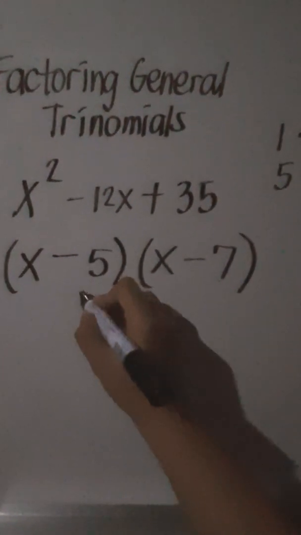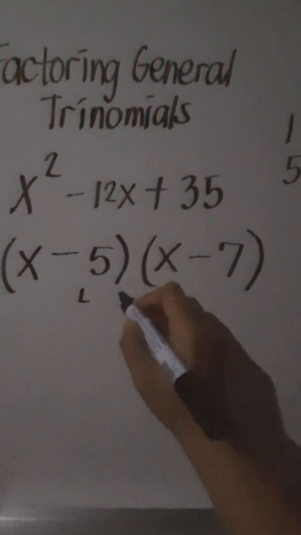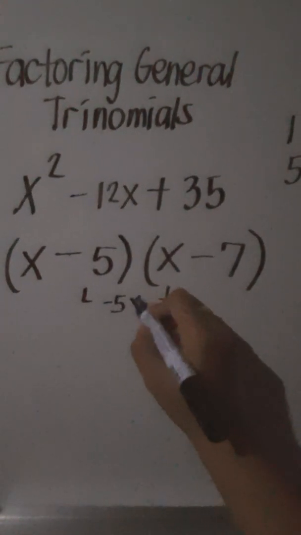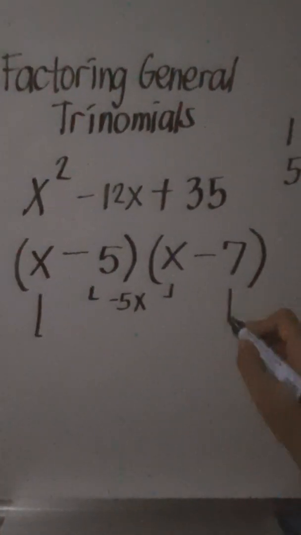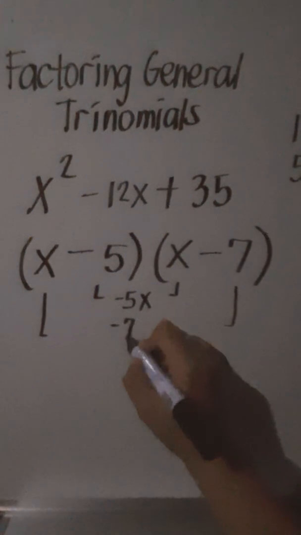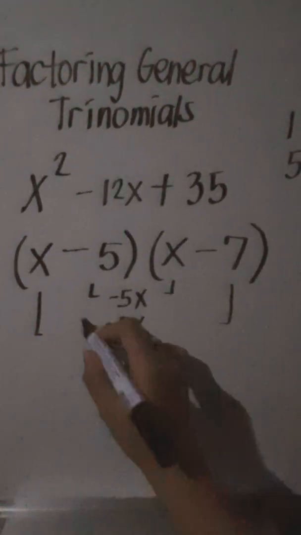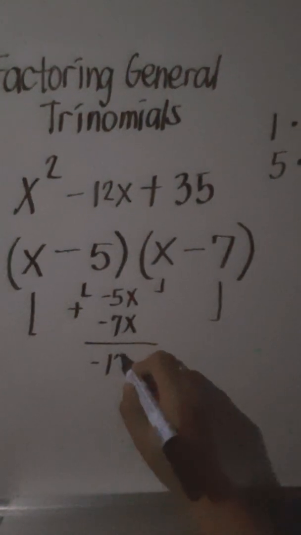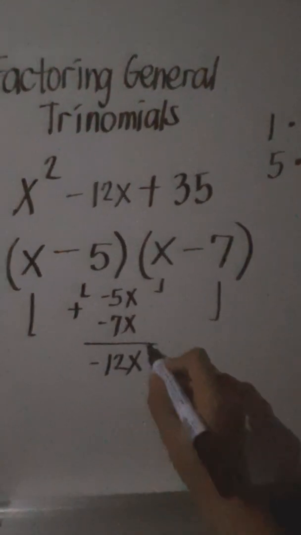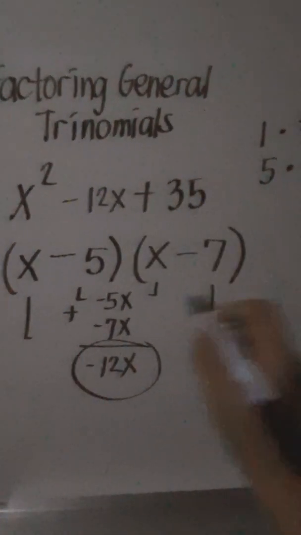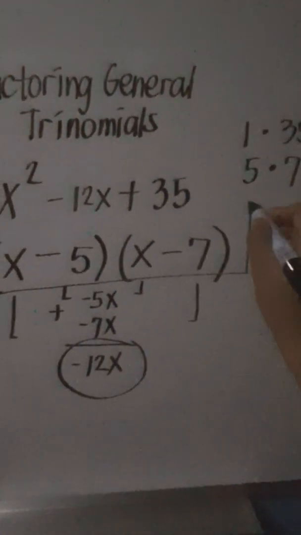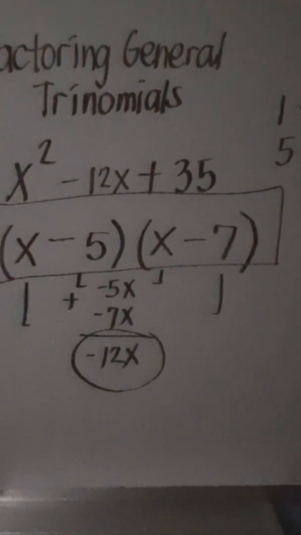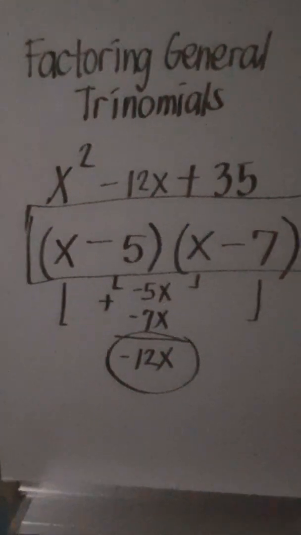Let's check our answer. Negative 5 times x, you will get negative 5x. X times negative 7, you will get negative 7x. Let's add. If you will add that one, you will get negative 12x. Therefore, our answer is correct, and this is the correct factors of this trinomial.